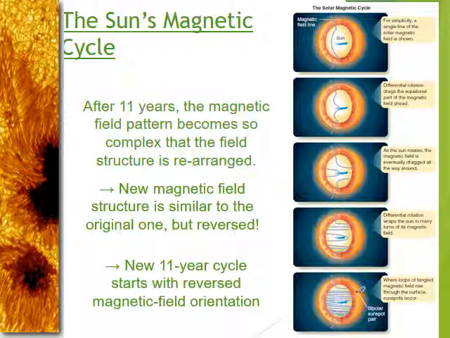It gives an explanation as to why you go through a relatively regular pattern of activity and inactivity as far as sunspots go, and also because of the locations going from different latitudes toward the equator. That's all due to the fact that the magnetic field lines get very tangled over time, about 11 years, before they start to snap and reset.